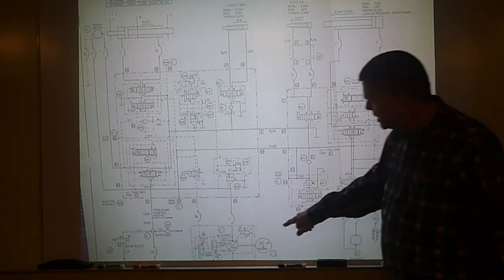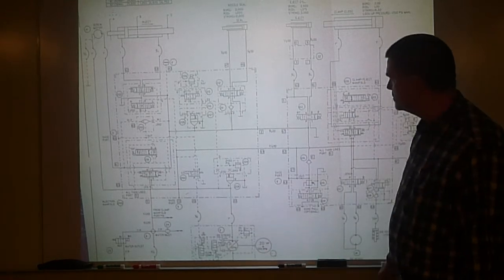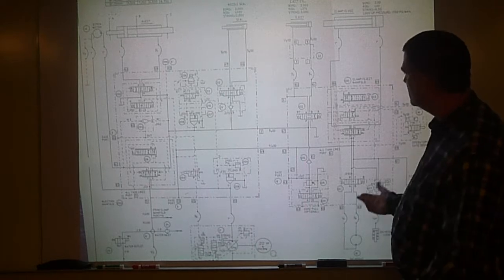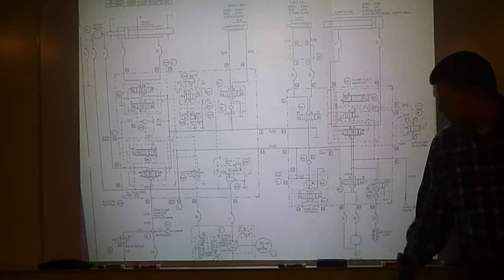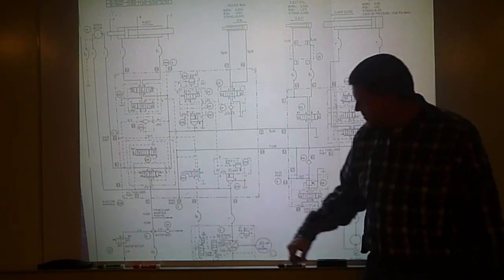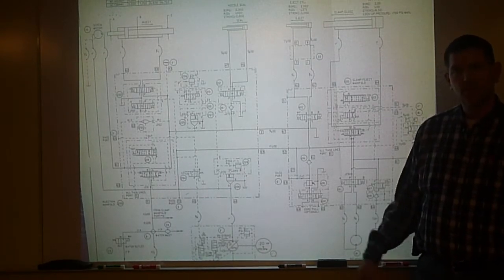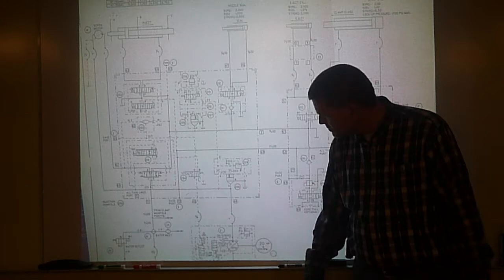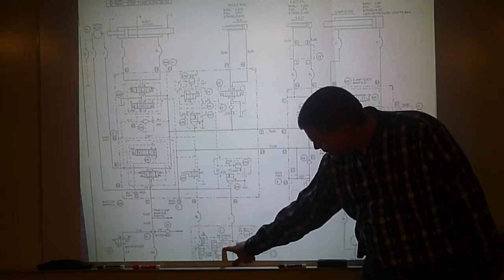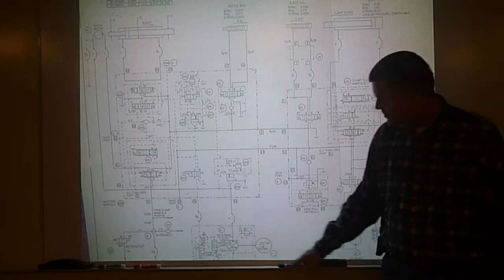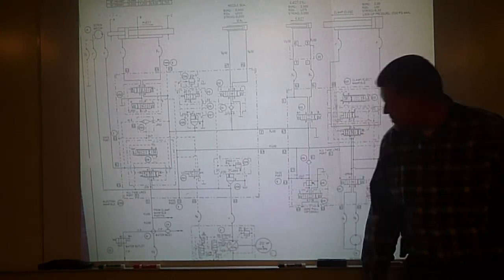Anytime you have any device in a hydraulic system that has a diagonal angle coming up, it means it's a variable. So when it's drawn through a pump, it's a variable displacement. There's some magic words right there. It tells you what it is. So again, everything you need for that question is right there.